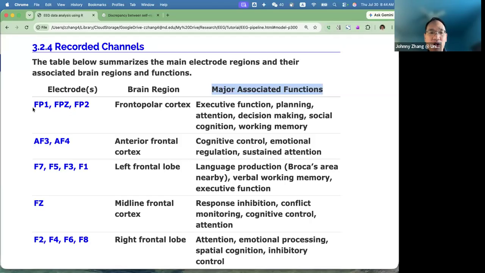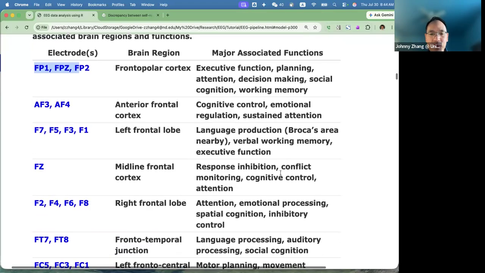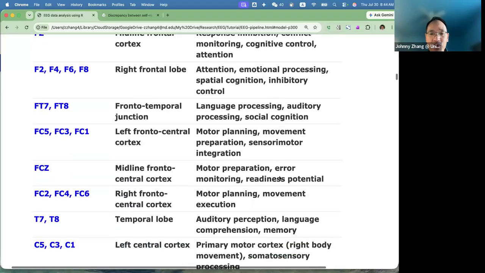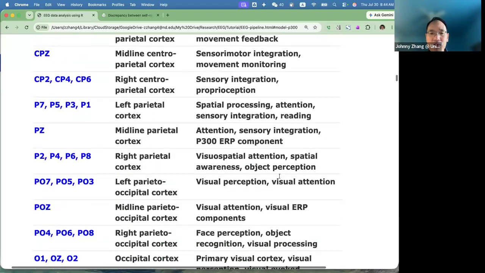For example, those SFP channels usually measure executive functioning, social cognition, and working memory. Based on previous studies, we have some understanding of the functioning of each region of the brain. I'm not going to go through each of those lines here, so I'll skip this.